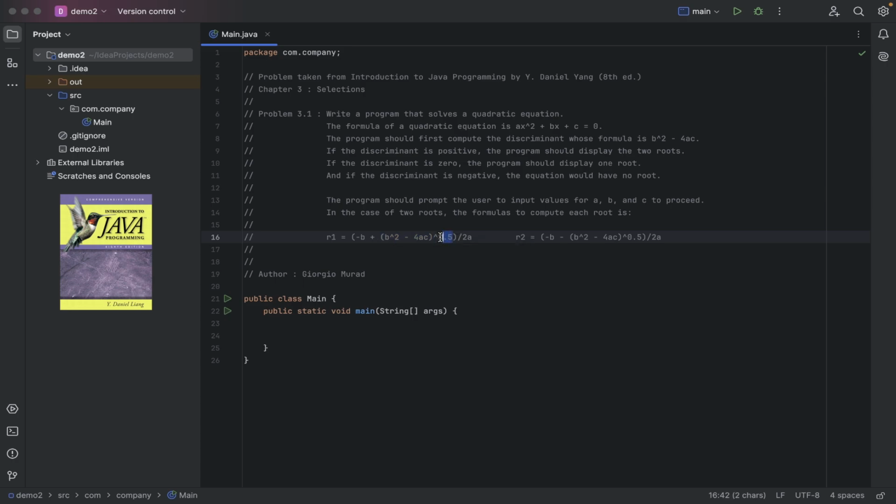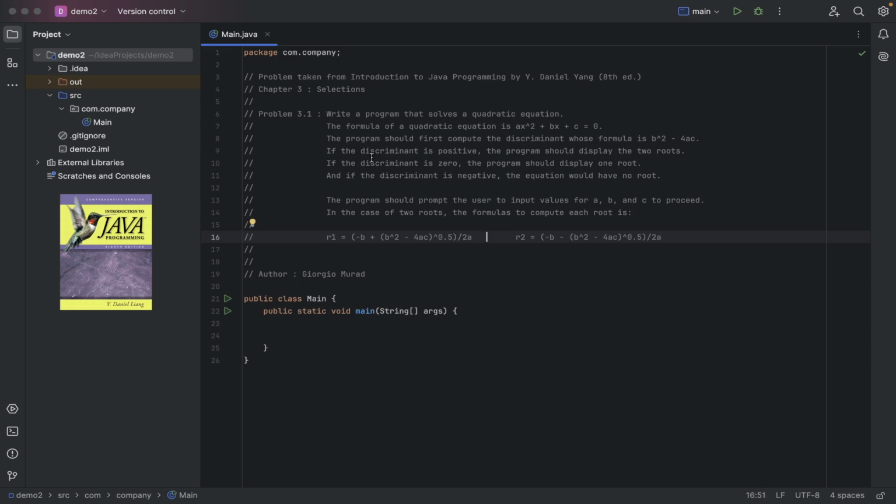To the power of 0.5 means we're getting the square root. So like that, we would be getting the square root of the discriminant. So minus b plus the square root of the discriminant divided by 2a. And R2 equal to minus b minus the square root of the discriminant over 2a.